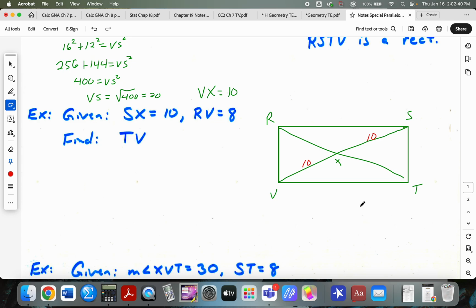Okay, yeah, we know VS is 20. RX is 10 and TX is 10. In a rectangle, all of those little pieces of the diagonals are the same. And they tell me the RV is 8. So what else do we know? ST is 8. And we're looking for the length of TV. So I'm going to use this big right triangle.